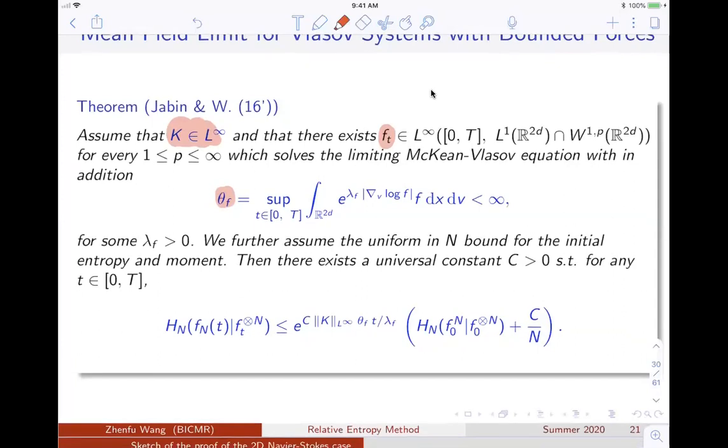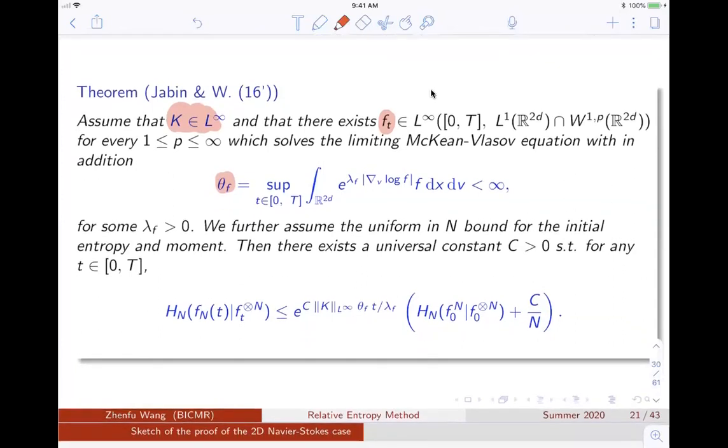Under this assumption, we also need some uniform-in-N bound for the initial distribution, some moments bound for F_N,0. Here F_N,t is the joint distribution in the phase space, so this is the second order model.